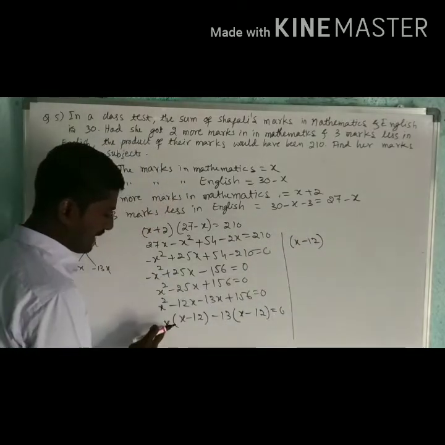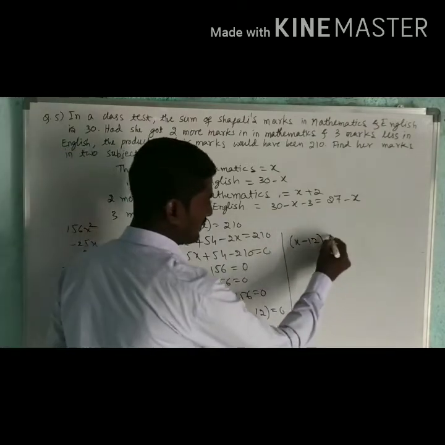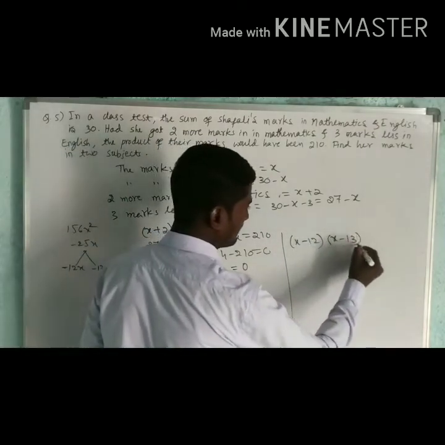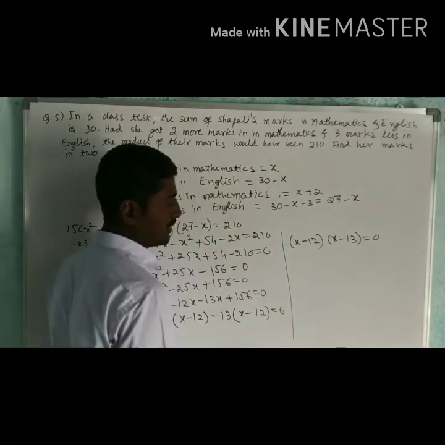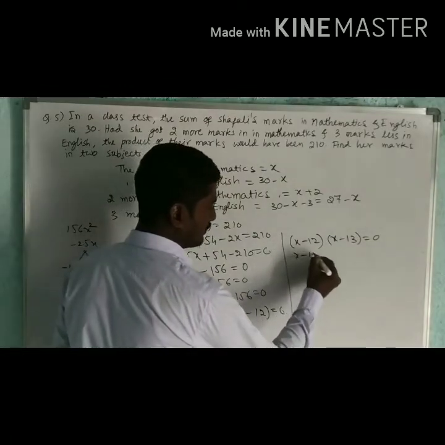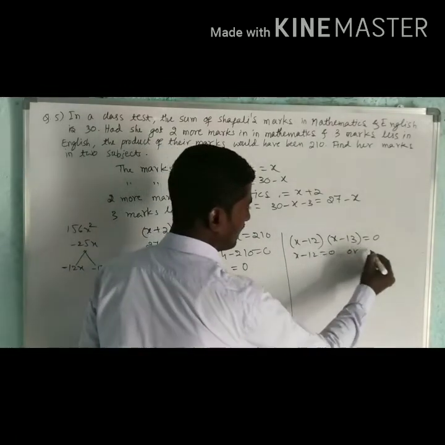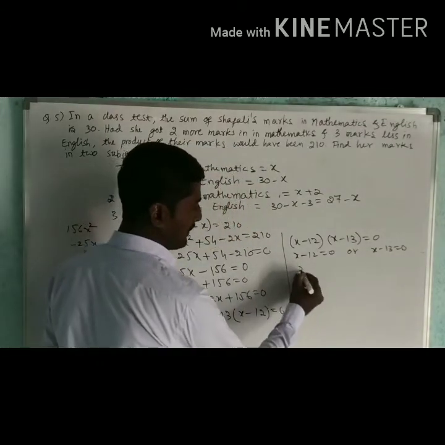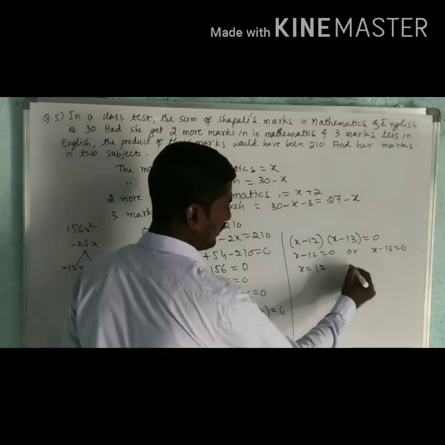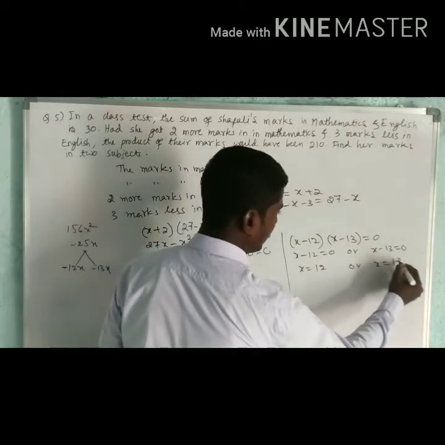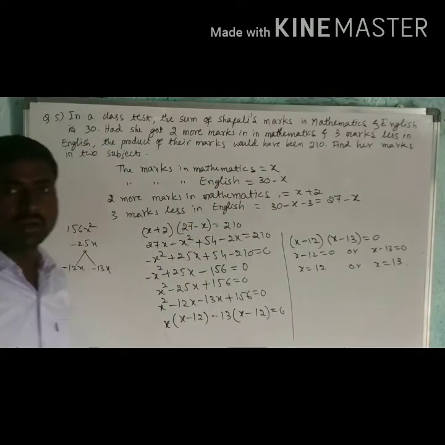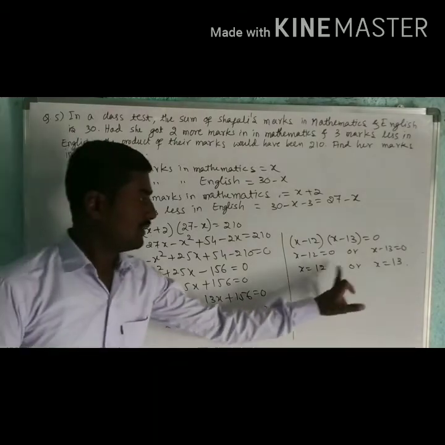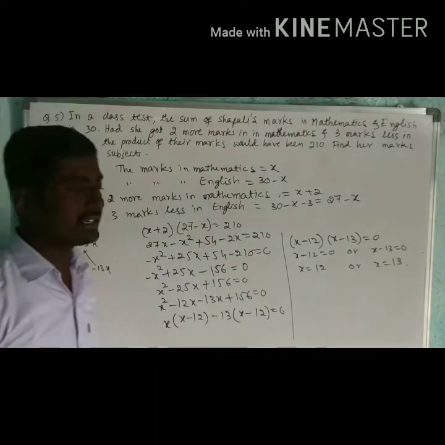Inside, what will be there? x minus 13. So x minus 12 into x minus 13 is equal to 0. Now x minus 12 is equal to 0 or x minus 13 is equal to 0. So x equals 12 or x equals 13. So we got two values of x, 12 and 13.